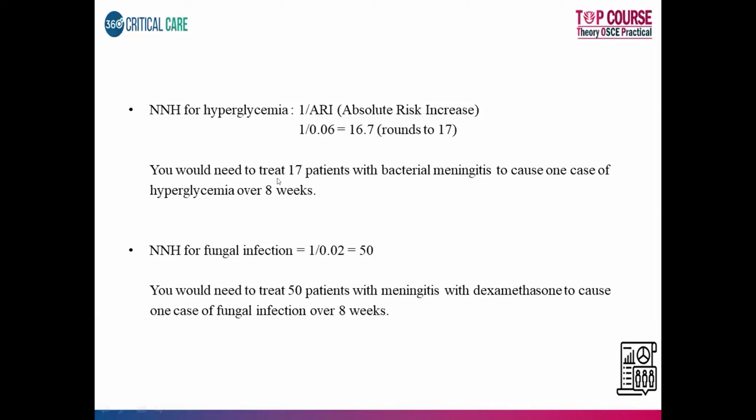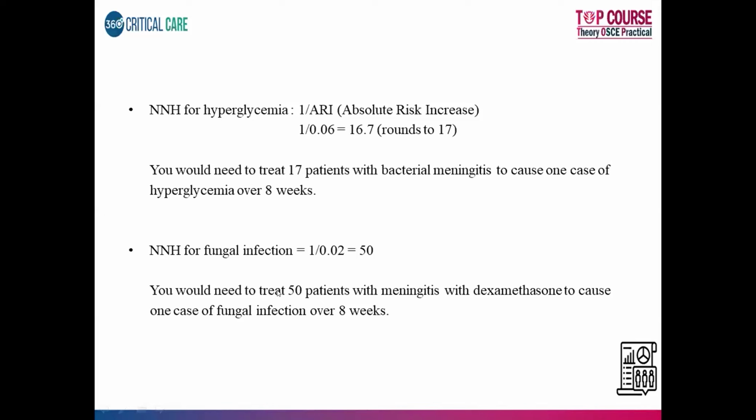So you would need to treat 17 patients with bacterial meningitis with dexamethasone to cause 1 case of hyperglycemia over 8 weeks. Okay. Similarly, for the fungal infections, you need to treat 50 patients with meningitis with dexamethasone to cause 1 case of fungal infection over 8 weeks.